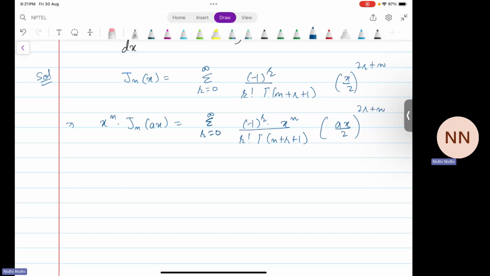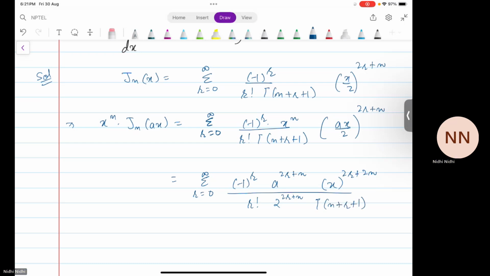So let's just combine all the powers of x. We'll have r from 0 to infinity, minus 1 to the power r, a to the power 2r plus n, x to the power 2r plus 2n by r factorial 2 to the power 2r plus n gamma n plus r plus 1.